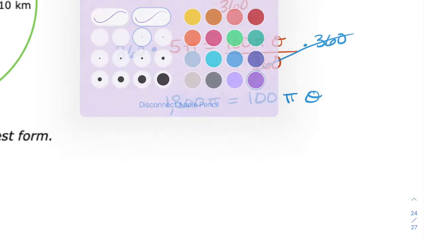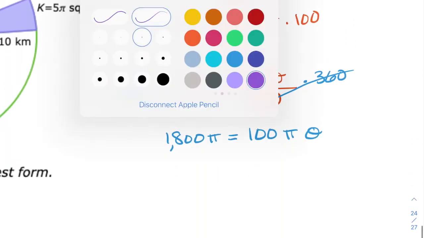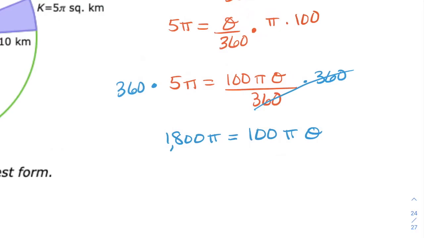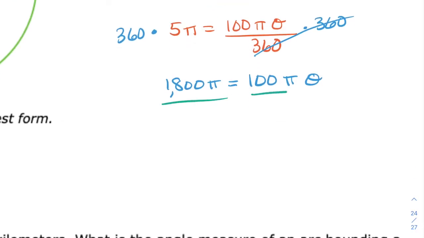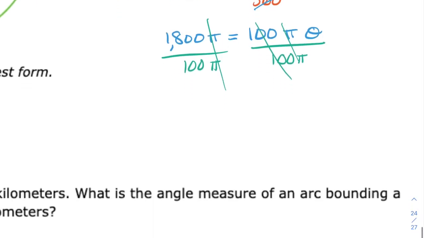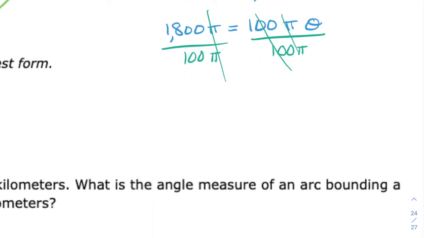And now the next step is to divide both sides by 100 pi. So that goes away, that goes away. And now 1800 divided by 100 is 18. So theta is equal to 18 degrees.